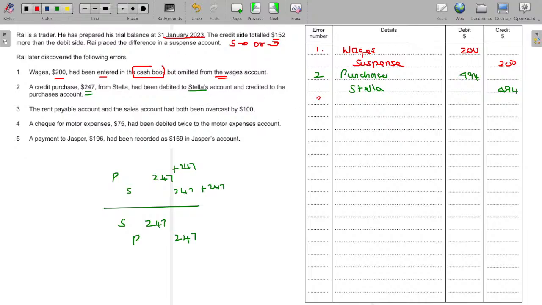Third one being the rent payable account and sales account had both been overcast by 100. Now you have to adjust this.